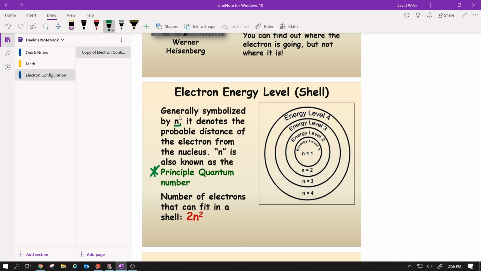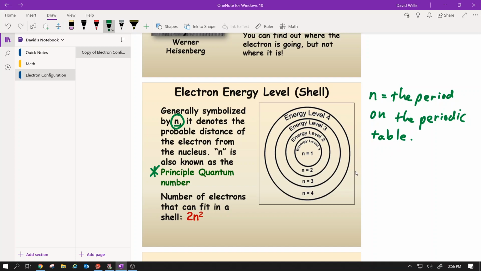So I want you to know that N is the principal quantum number, and that is also the number of the energy shell and corresponds to the number of the period on the periodic table. So N corresponds to the period on the periodic table.